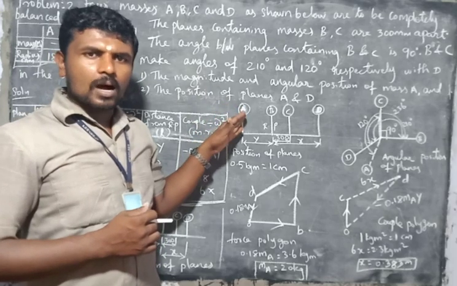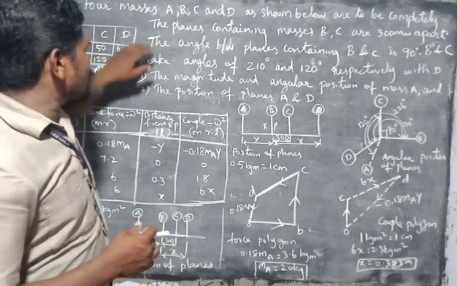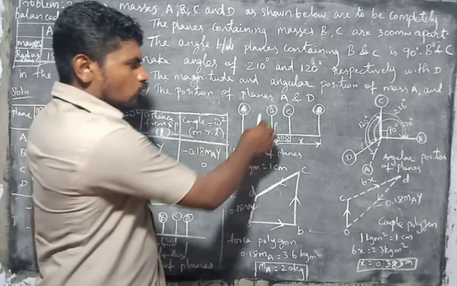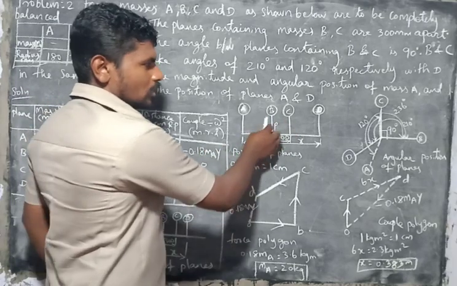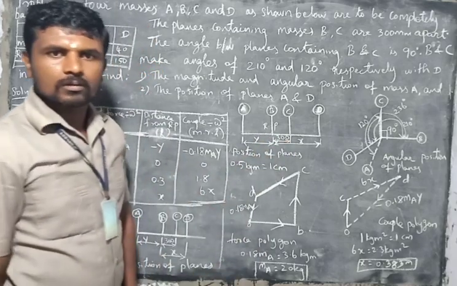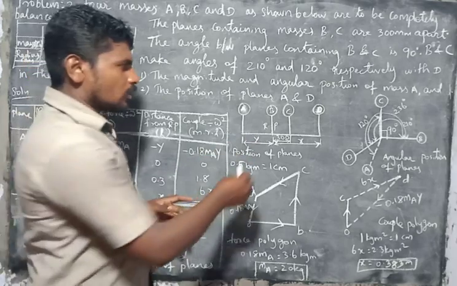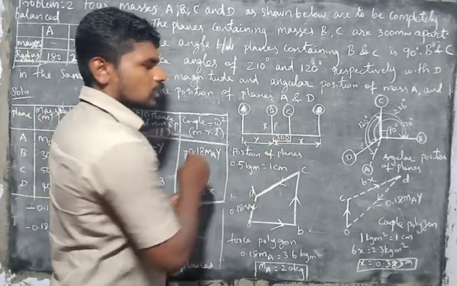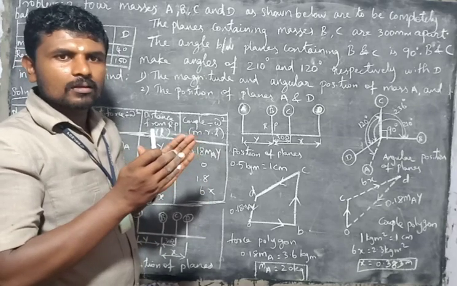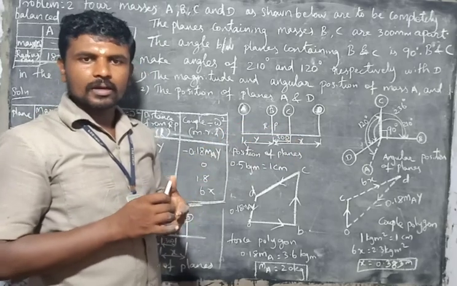They gave the 4 masses A, B, C and D, and here they mentioned the planes containing masses B and C are 300 mm apart. So I am going to draw B and C first, 300 mm apart. Then I am going to consider a reference plane, B or C. Only then can we identify the distance of A and D, right?